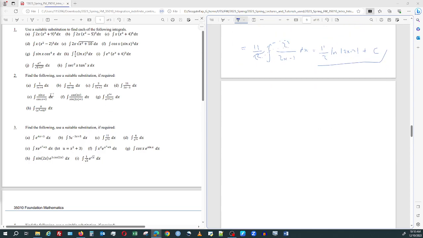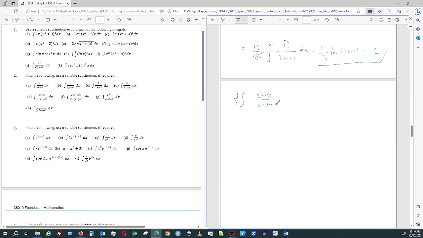Alright, so B, what are we looking at? Oh, some trig, awesome. Is the derivative of the denominator on the numerator? Well, you just got to be a little bit careful. It's close.